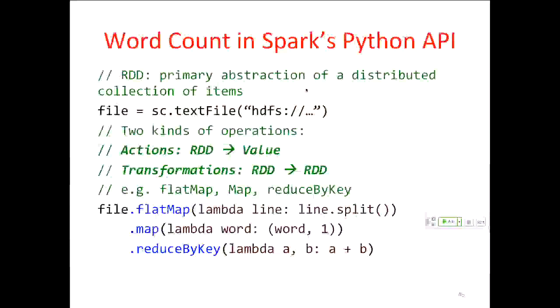Okay, here's the explanation. For flatMap, we are looking at each line of the document, and by using the split method, it generates a list, right?